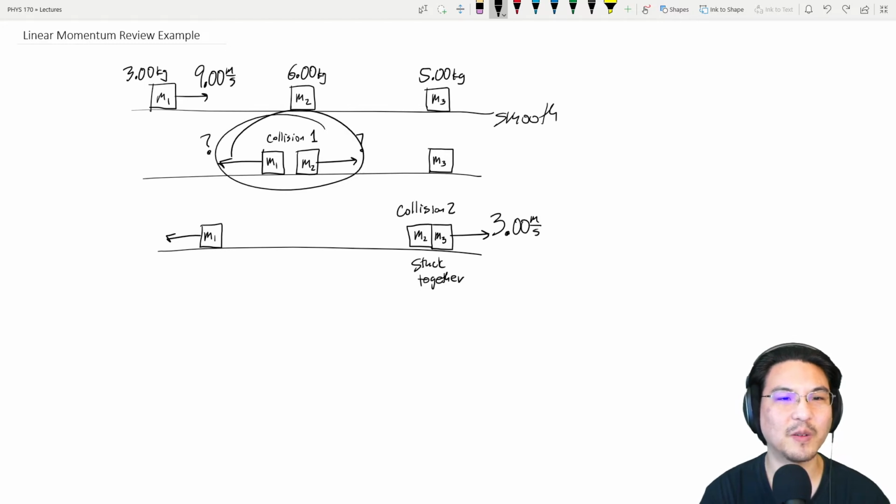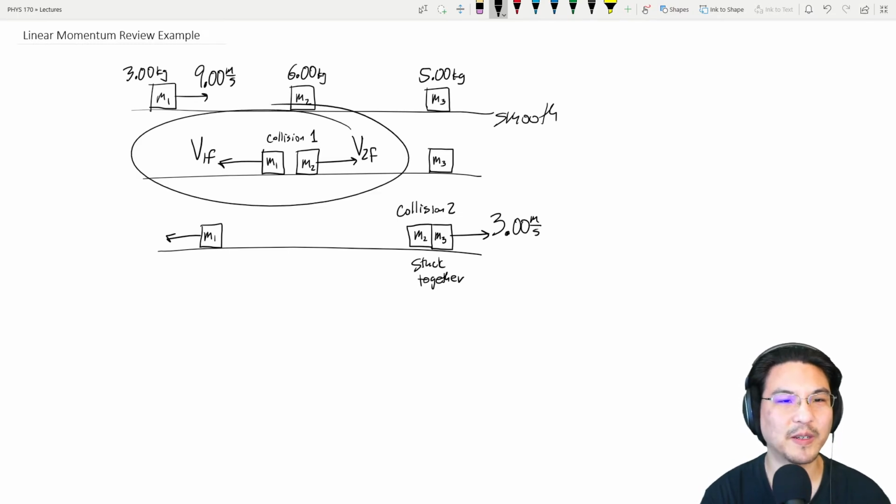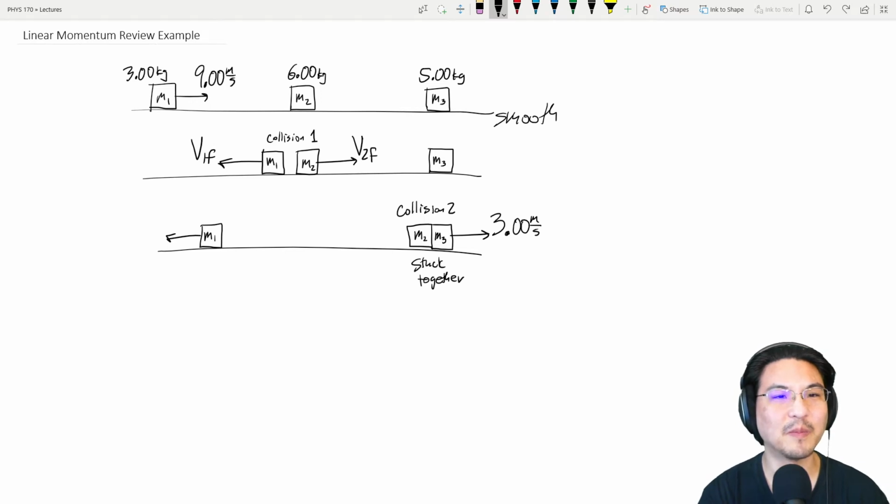Okay, so for collision 1, momentum is conserved. Let's label these: let's call this V1 final after the collision, and this V2 final, which is after the collision. So for here, conservation of momentum. Before this collision, what was the momentum?